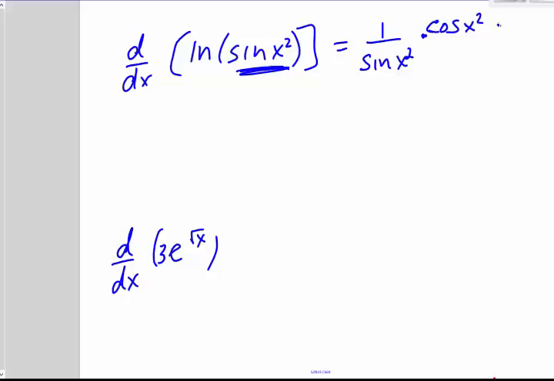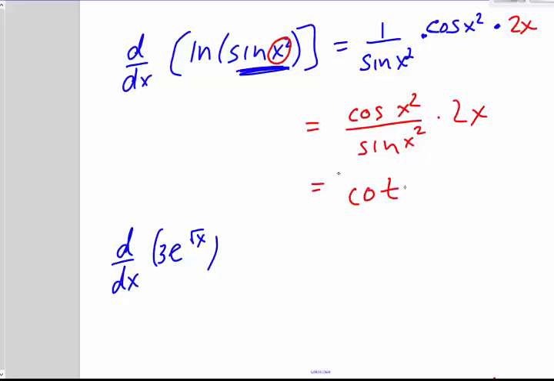And then we have to derive that quantity, which is 2x. So don't forget, when you're doing the chain rule, you keep working inside that chain until you are all the way inside your expression, from outside in. Okay? So I'm just rewriting this a little bit. You could, if you wanted, write this as cotangent x squared times 2x. Okay?